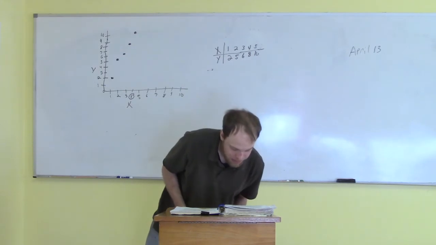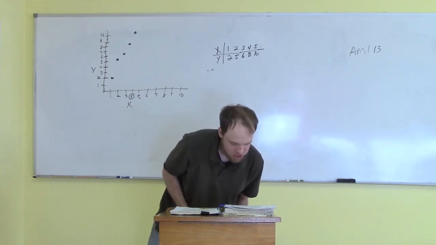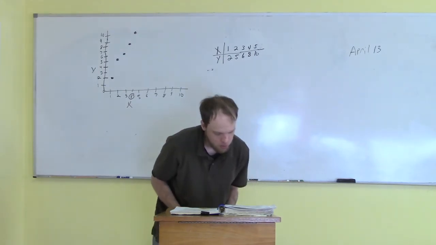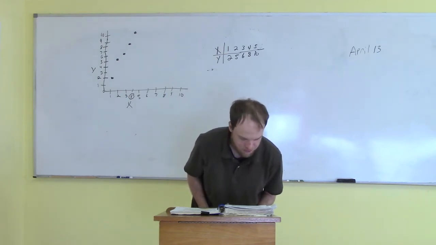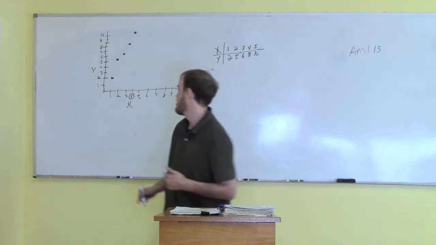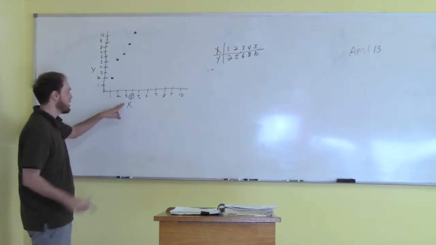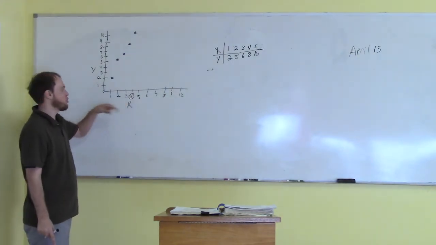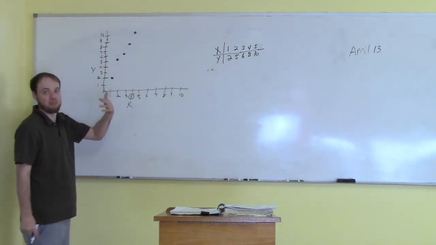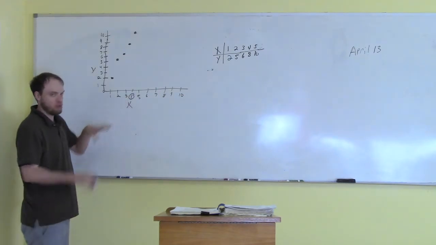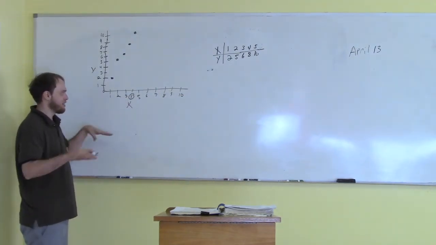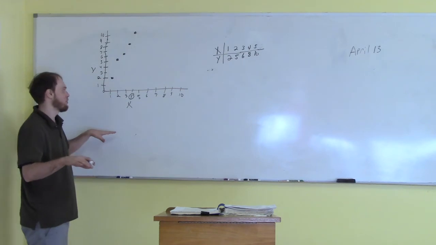Well, the variable that is used for prediction is called the explanatory variable or independent variable, and is graphed along the horizontal axis. And so the explanatory variable is the 4. So it's what is used to predict something. So the 4, the horizontal axis for the x, is the explanatory variable.